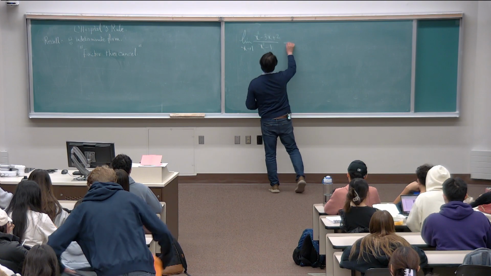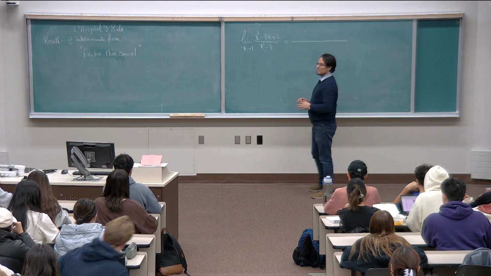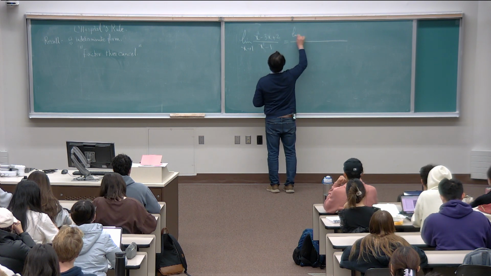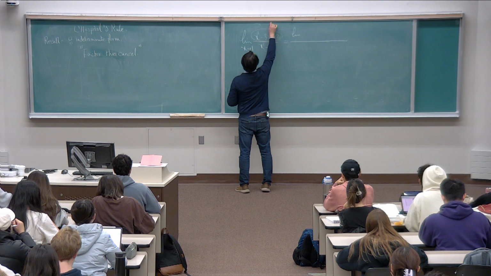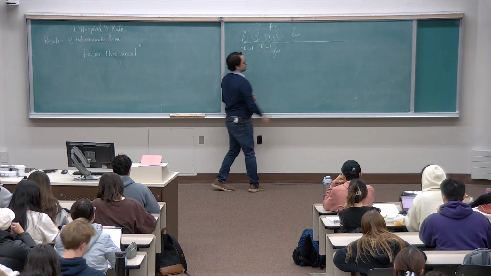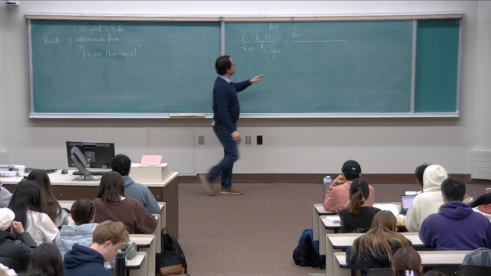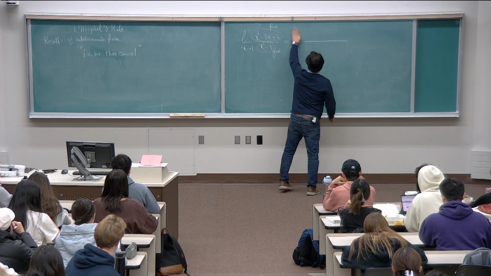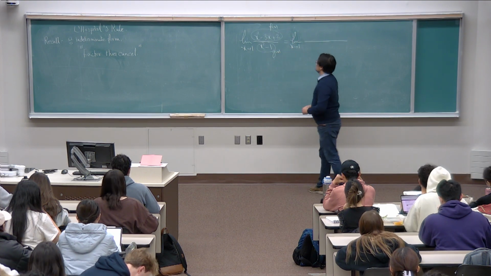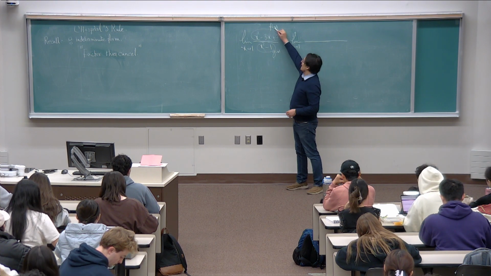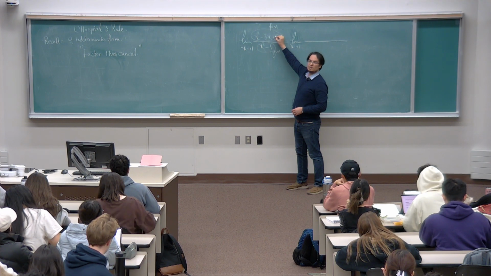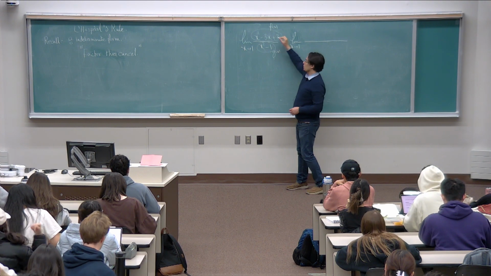Instead of that, I want to rewrite this as a different limit. First thing, let's say this guy is f, and this guy is g. My limit is still here. I say that, look, f at 1 is equal to 0, yes?